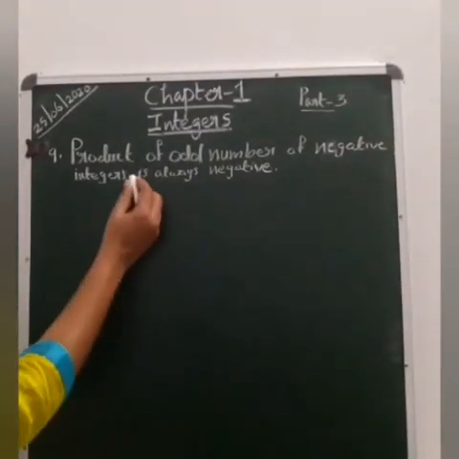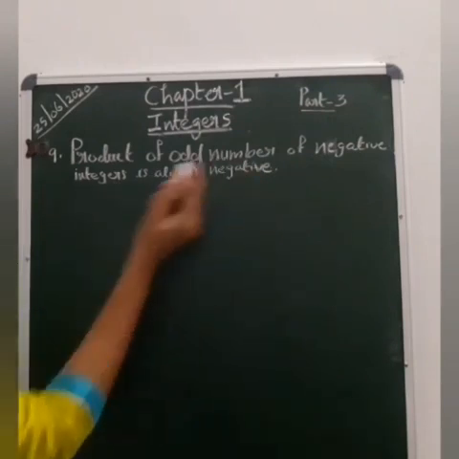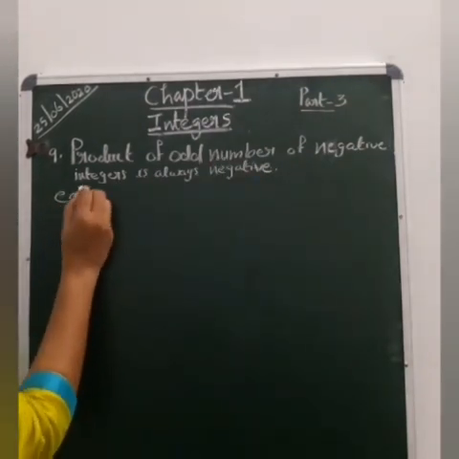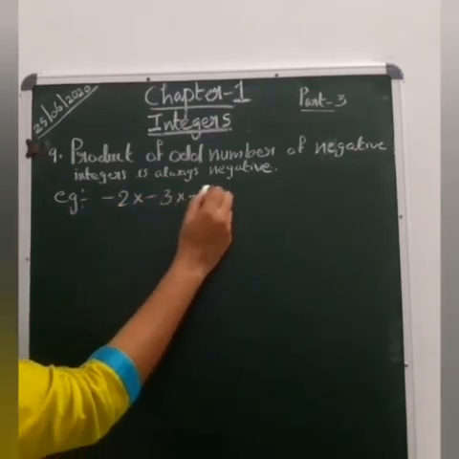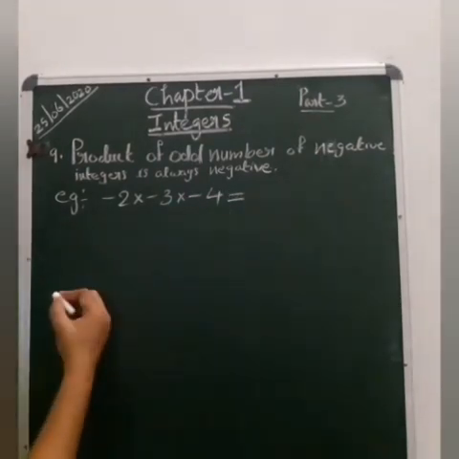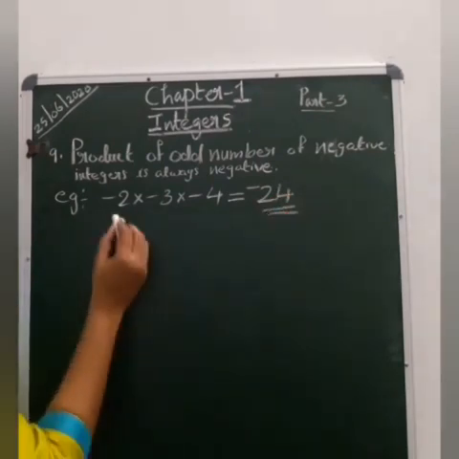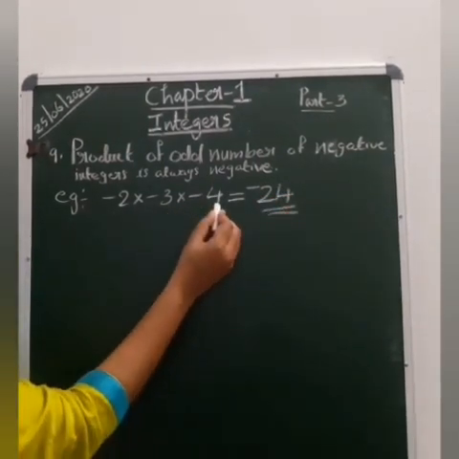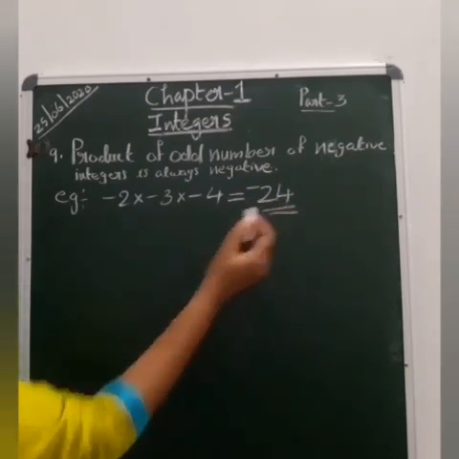Next, product of odd number of negative integers is always negative. Example, minus 2 into minus 3 into minus 4. When these integers are multiplied, we get the answer as minus 24. Here the number of integers is 3, which is an odd number, and their product is negative.